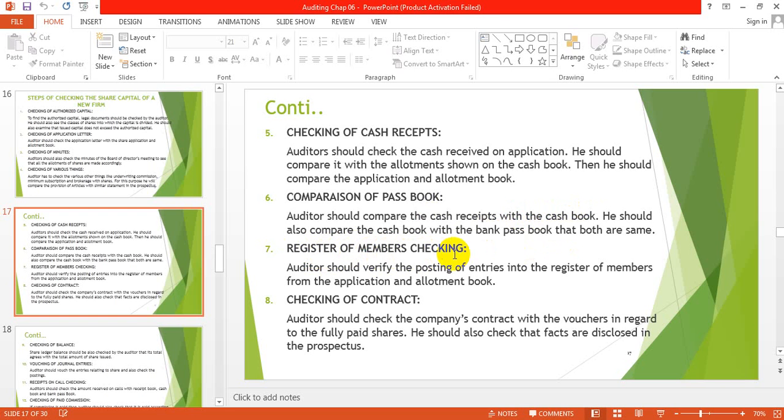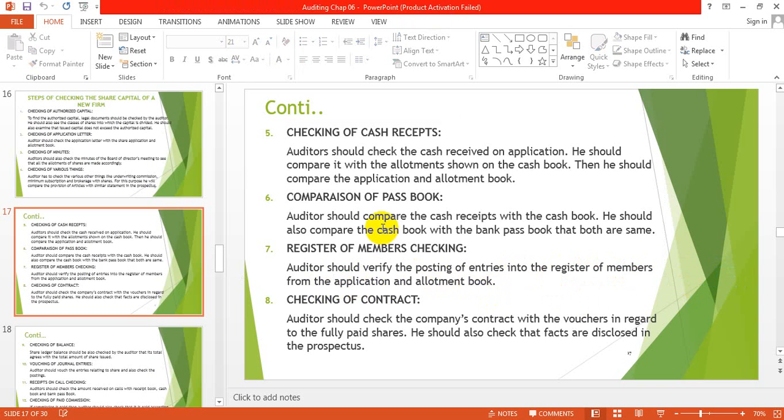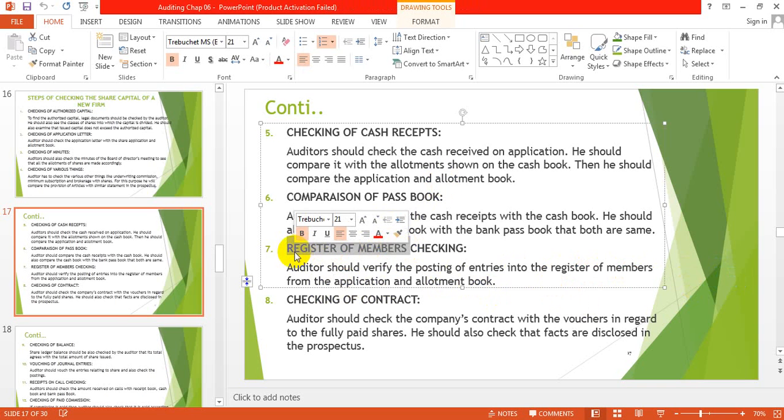Register of members checking. When the company is issuing shares, they are writing the names of the shareholders in a register. We are now going to check the register of members, or the register of shareholders. Auditor should verify the posting of entries into the register of members from the application and allotment book. When shares are allotted to a shareholder, his name will be written in a register.